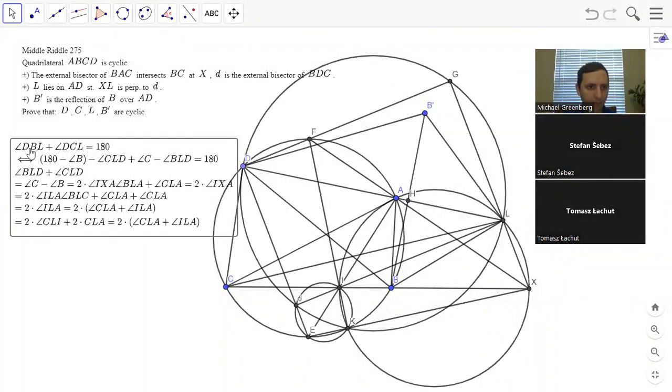And so DBL is 180 minus angle B. So how do you get... so angle B is angle ABC. Is that what angle B is? Yeah. Okay. So actually DCL should be 180 minus B minus CLD.